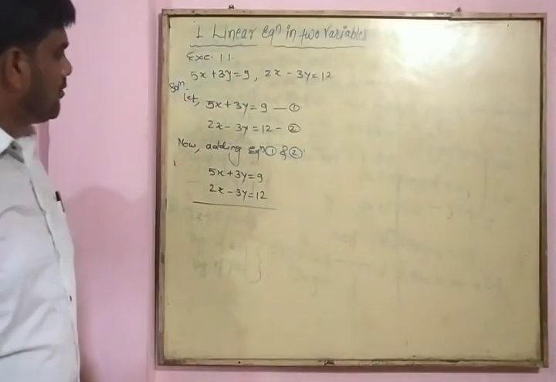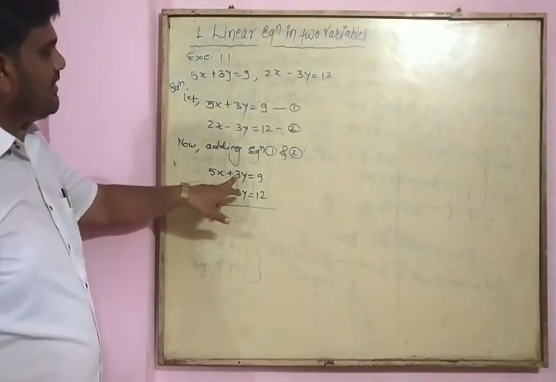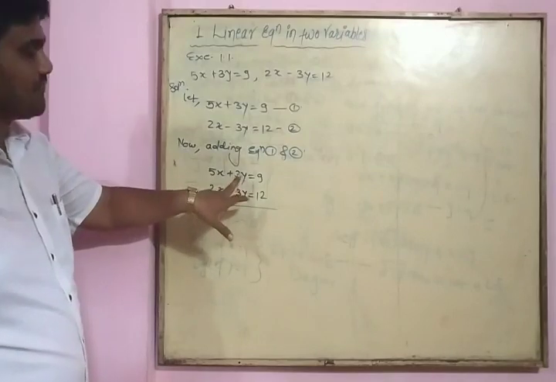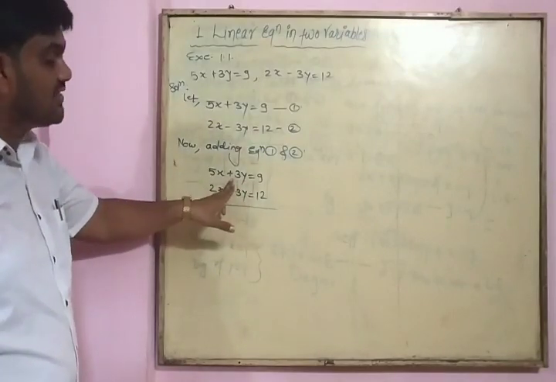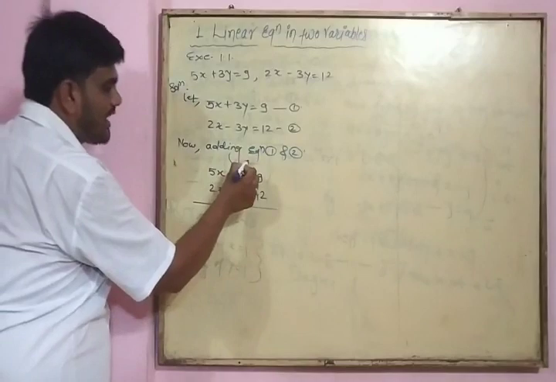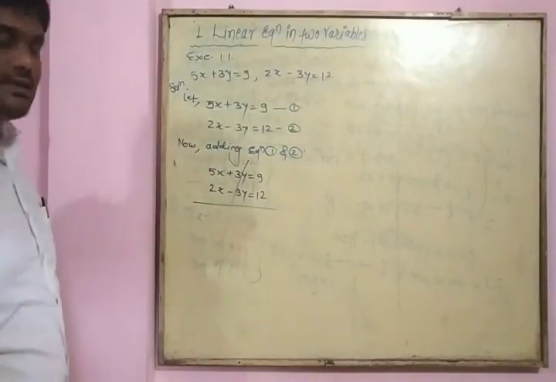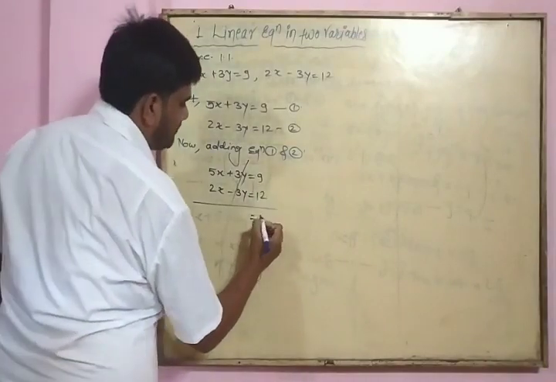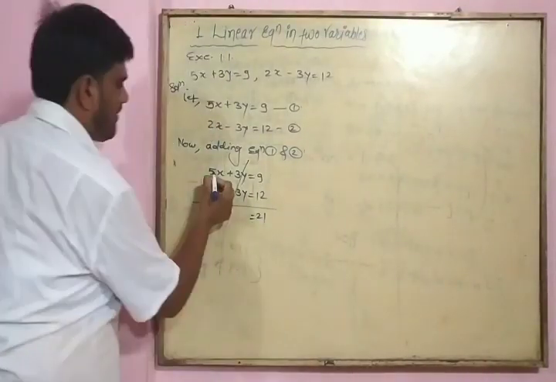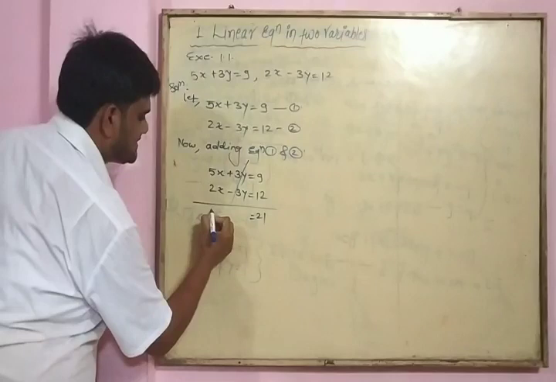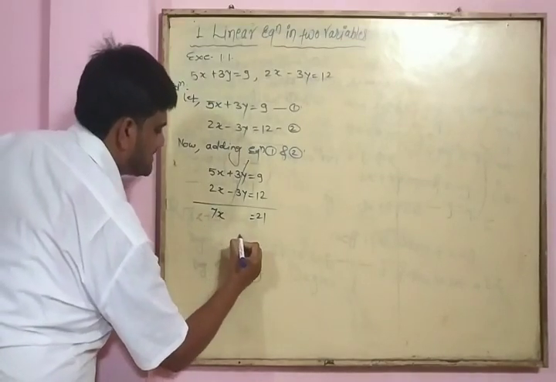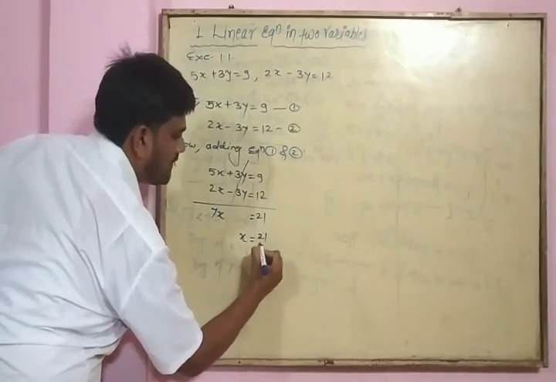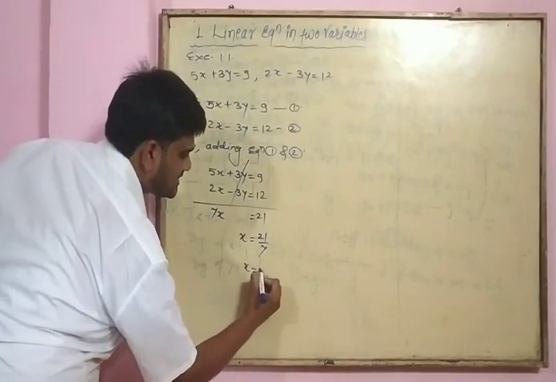Now see here, the coefficients are the same, the terms are the same, but the signs are different. So it gets cancelled. Remaining we have 12 + 9, that is 21. 5x + 2x, that is 7x, so x = 21/7, that is x = 3.